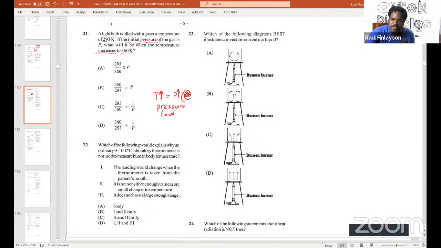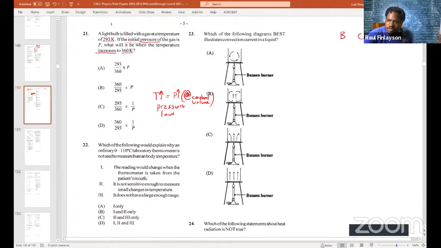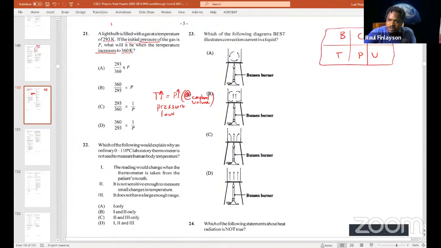So it's a constant volume. Remember that for the gas laws, one of the quantities has to be constant. And so what we use is this thing here, BCP TPV, which is how you remember it. All right. So these are the gas laws. And of course these are the constants.